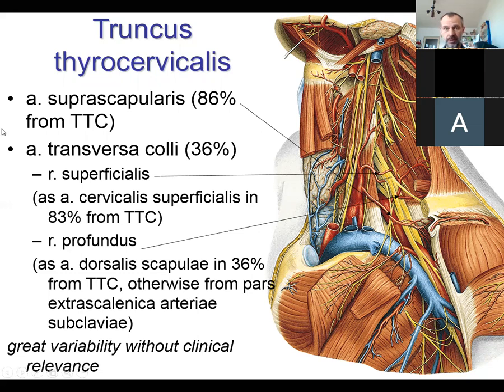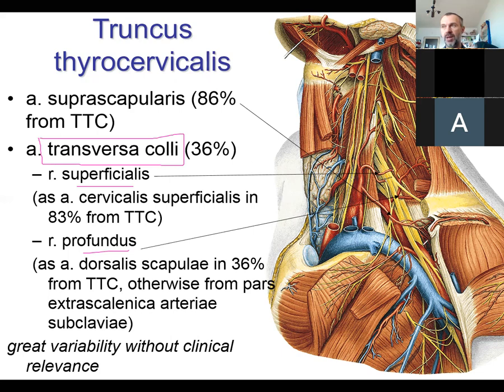And then what is really complicated is this artery, transverse cervical. The transverse cervical artery in a textbook pattern is a branch from the trunk and gives a superficial branch and a deep branch. The superficial branch supplies the neck here superficially in the omotrapezoid triangle.